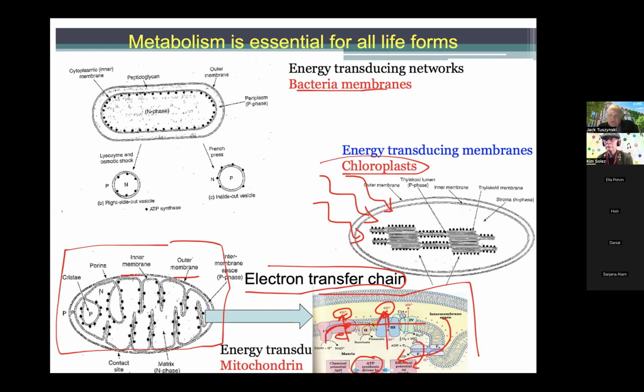So from ADP, the low energy version, adenine diphosphate, to adenine triphosphate, high energy ATP. A phosphate group is attached, and that carries this extra amount of energy.